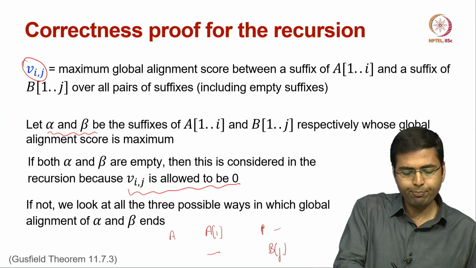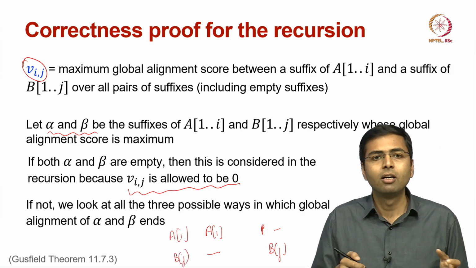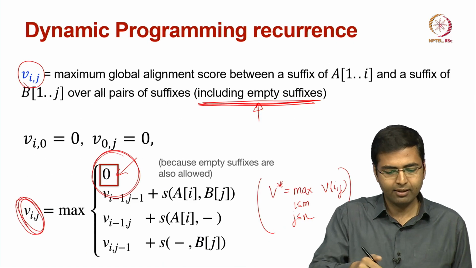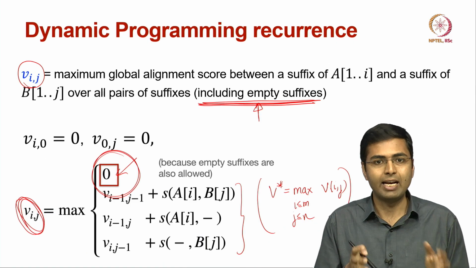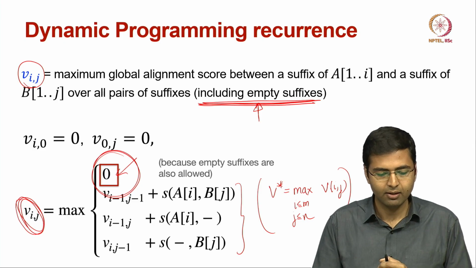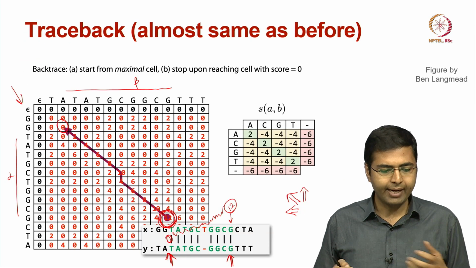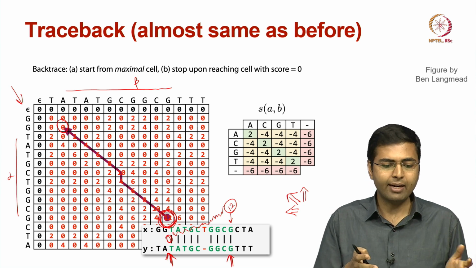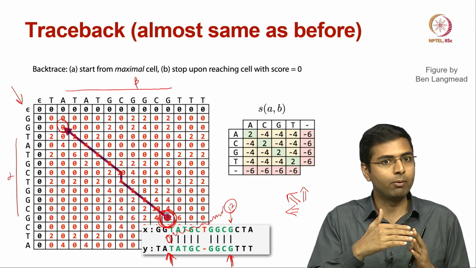These are the only 3 possibilities in which these alignments can end. If you look at all 3 cases, you will end up proving that all of them have been considered already in the recursion as well. So, the proof is simple in that sense, and we have seen how we can fill the dynamic programming table and do the trace back to get those alpha and beta strings for the local alignment problem.